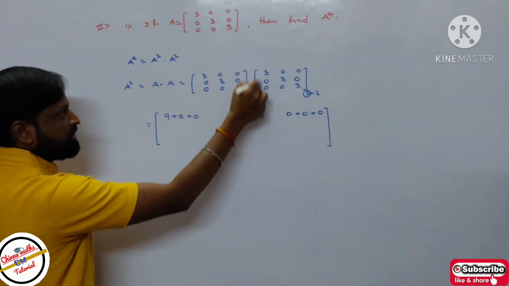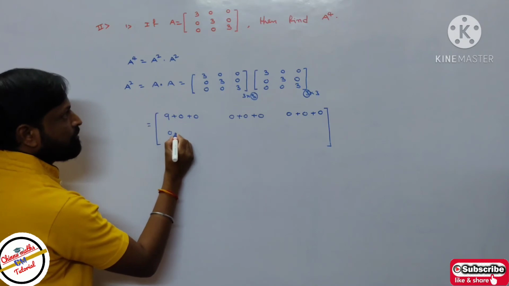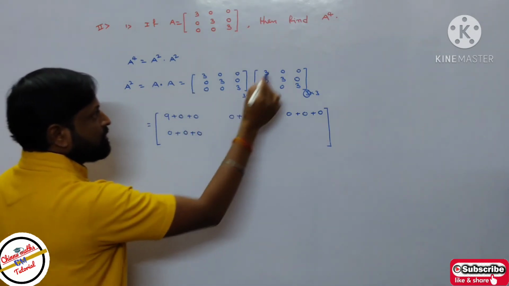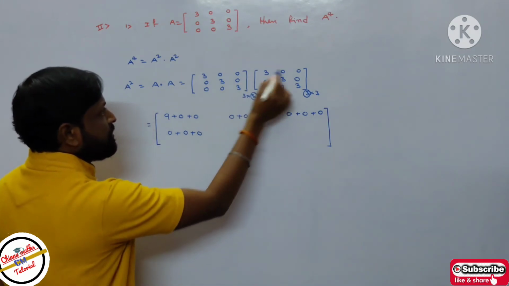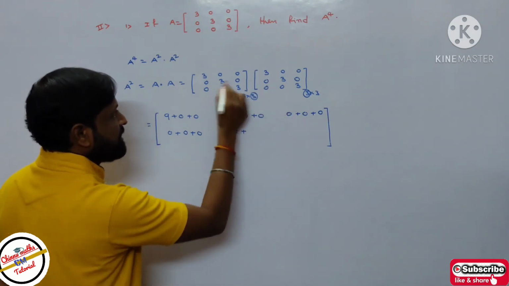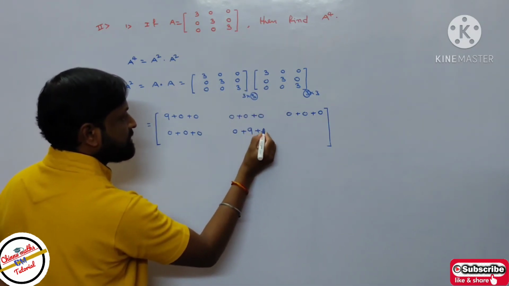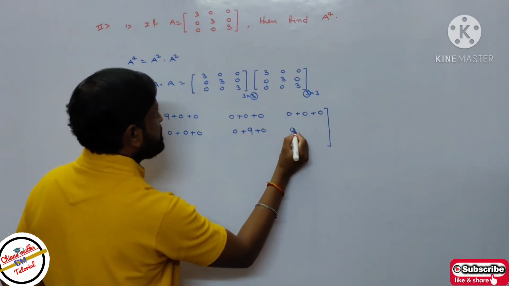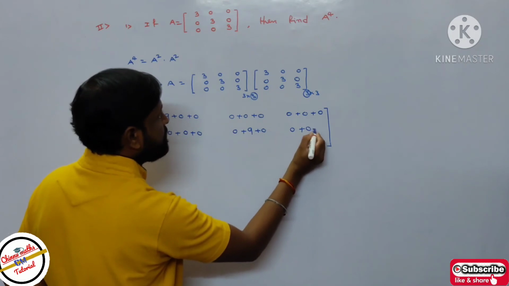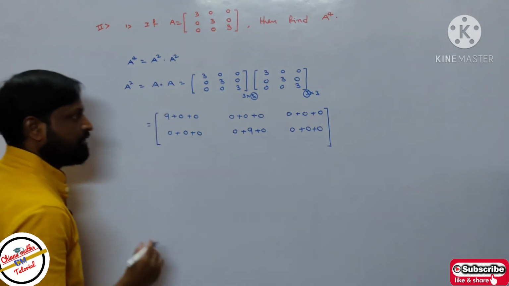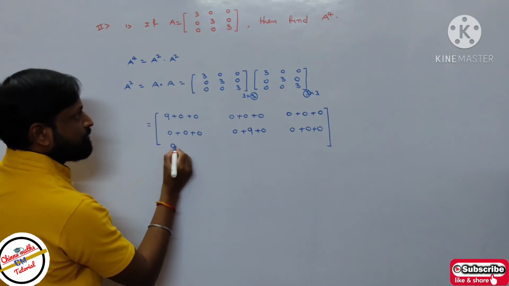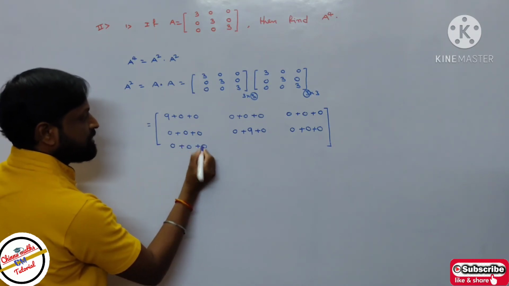Next R2 C1, then 0 plus 0 plus 0. Next R2 C2, 0 into 0, 0 plus 3 into 3, 9 plus 0. Next R2 C3, 0 into 0, 3 into 0 and 0 into 3, that will be 0. Next R3 C1, 0 plus 0 plus 0.